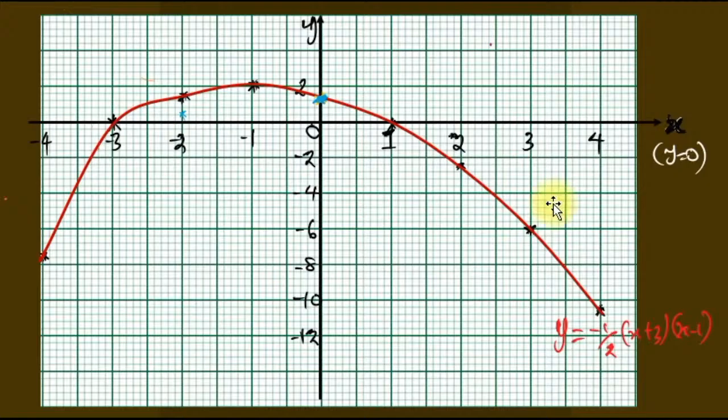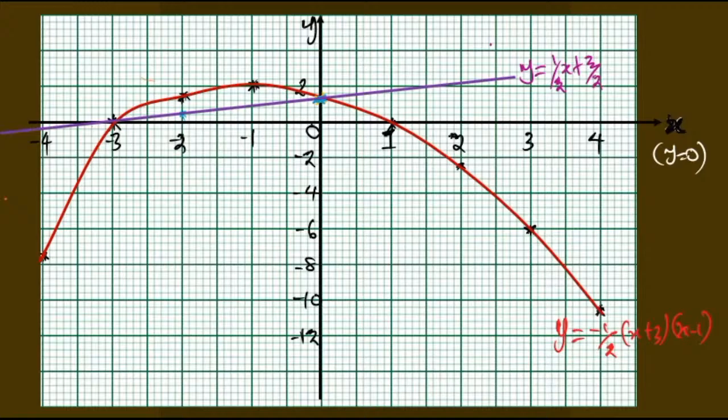So let's join the points so that we'll get the line. So that's the line. The line is y equals half x plus 3 over 2.